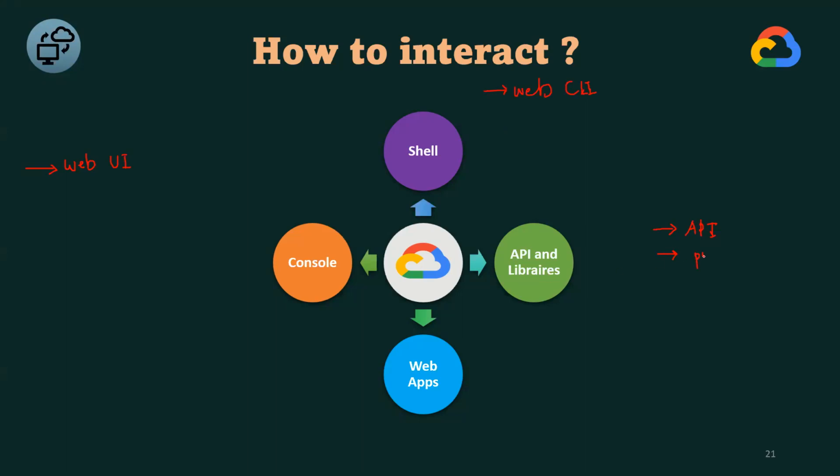For example, if I want to interact via Python, or Java, or Node.js, or some other language, you can do that via Cloud SDK as well. SDK is also one of the command line interfaces, and it stands for software development kit. So via API calls or client libraries, you can interact with the GCP services easily.